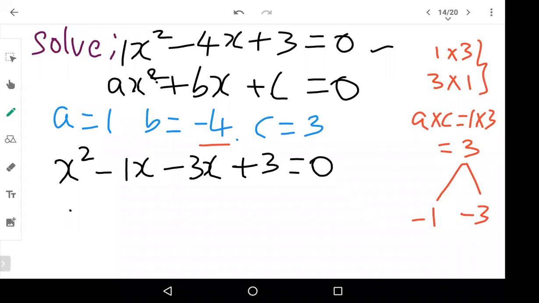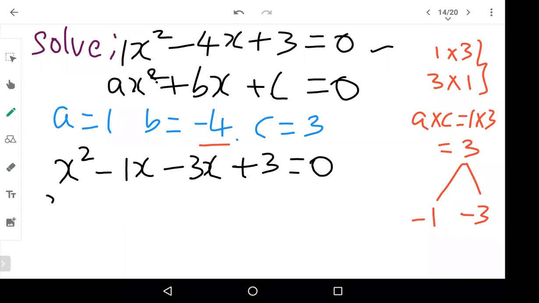Now, after this, I am going to take the common in the equation. So I'm going to divide the equation into two parts, that is the first two terms and the next two. What is common in the first two? Can anybody say what is common in the first two? X is common.